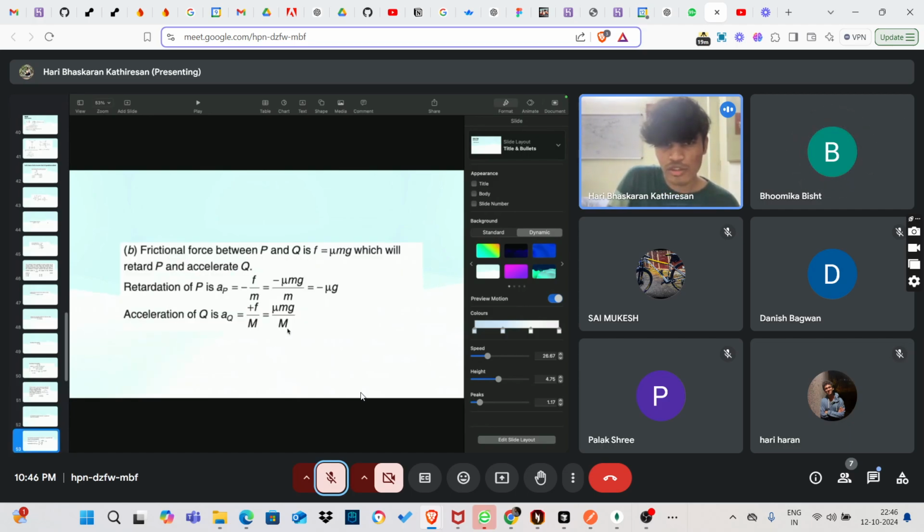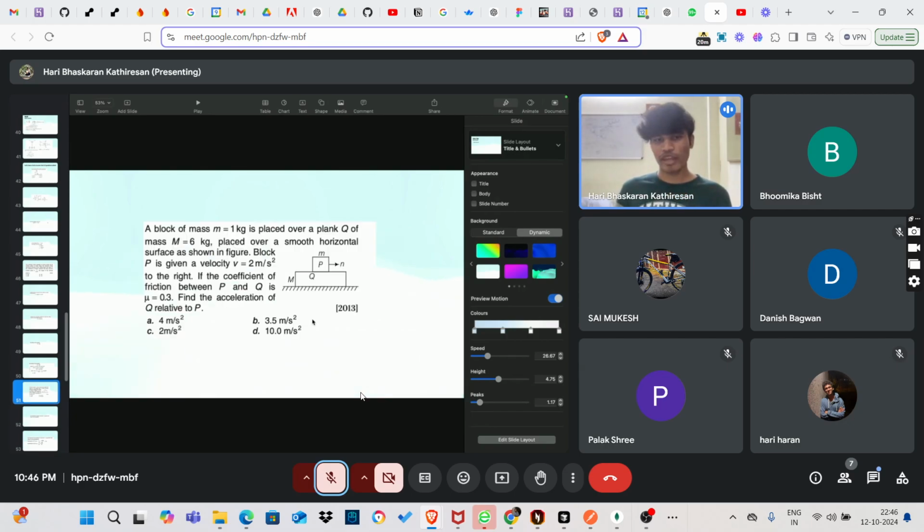So you know the values of acceleration, and the sign is negative for P and positive for Q. Now they asked us to find the relative acceleration, right? So all we need to find is the values of these and then subtract them. How do you think we can find the values?